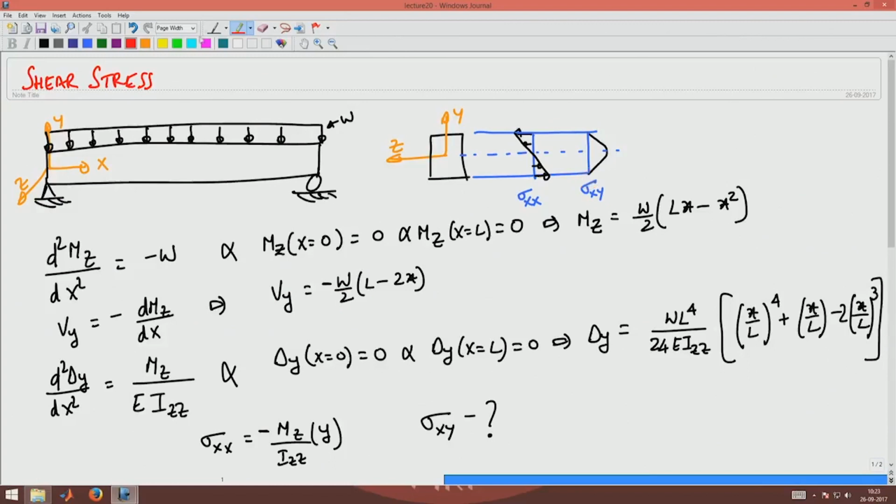If you recollect, we have seen that the integral of sigma xy dA is nothing but Vy. From the previous two lectures we saw that Vy is given by this expression here.